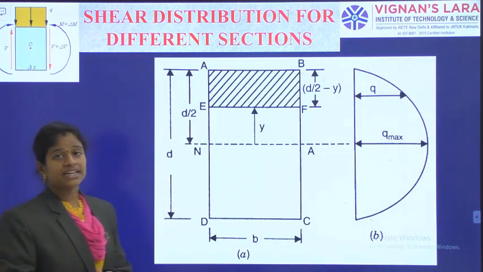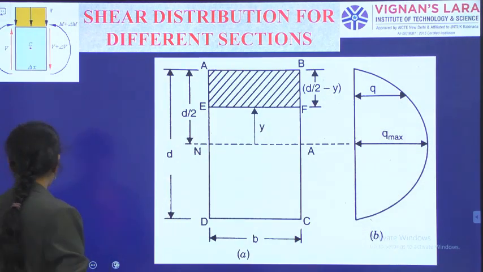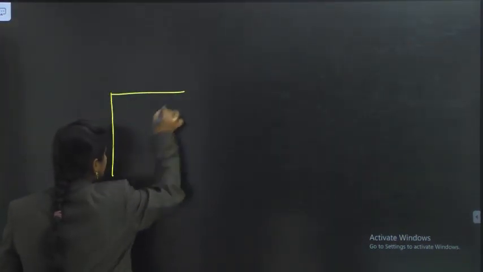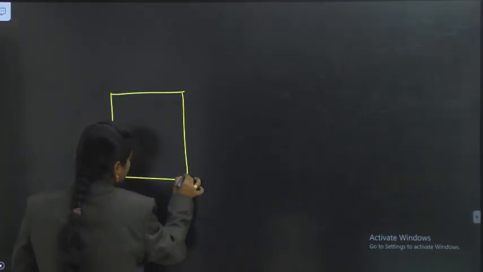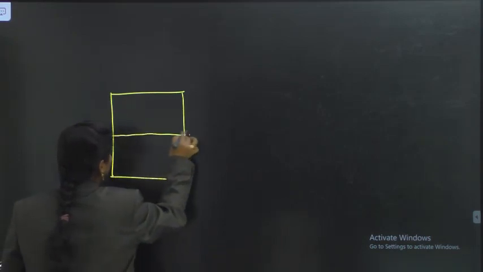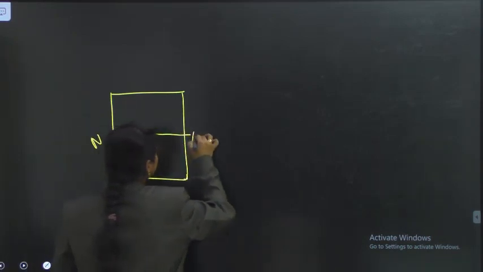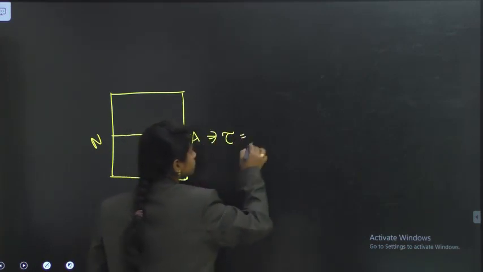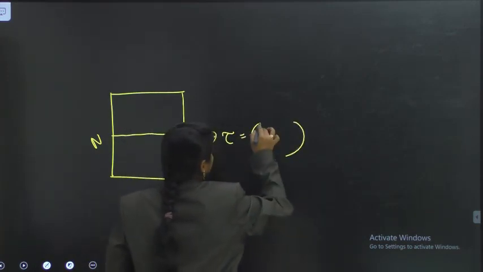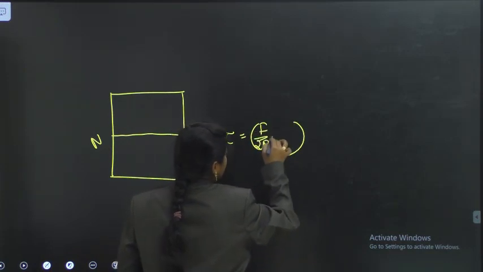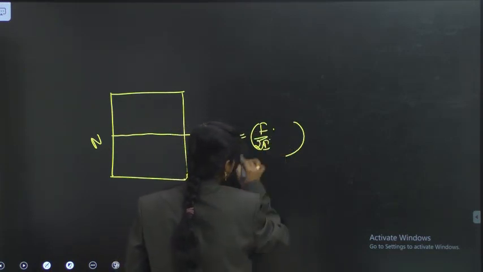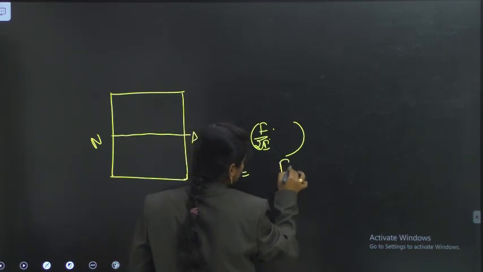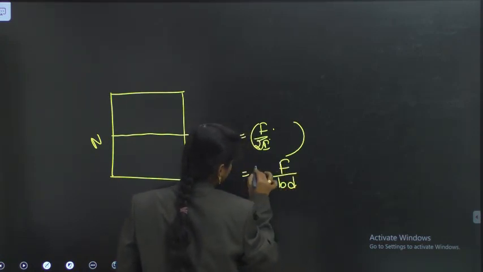Now, when you represent it in a picture, what can you see? Here I have a rectangular section with the neutral axis aligned, and at the neutral axis tau is equal to 1.5 F by bd.